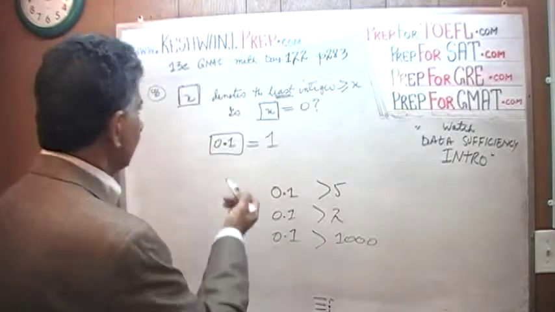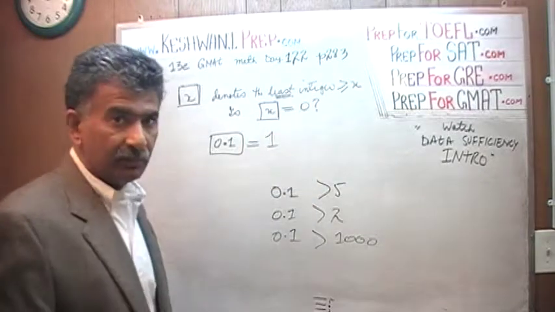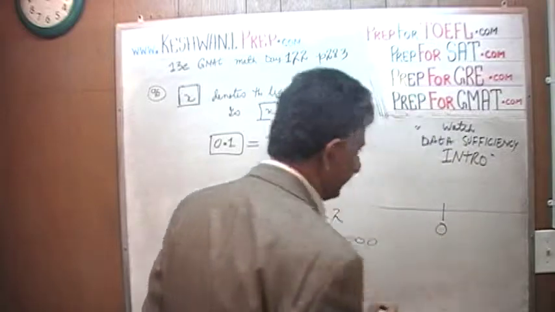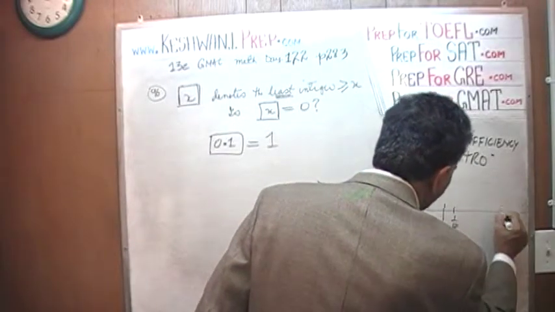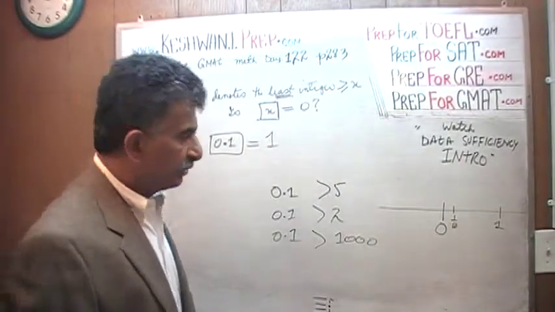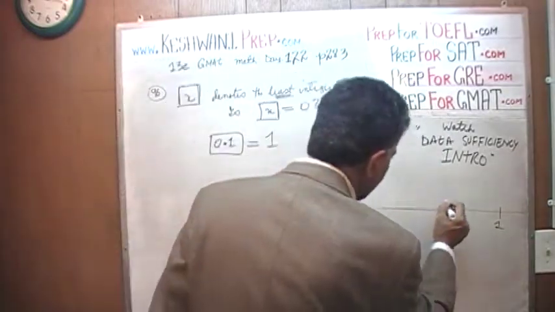It has to be the least integer greater than or equal to x. You see here, if you were to draw it on a number line, here is our 0, and 0.1 would have been here, 1/10, and 1 is way over there. Now, they're not looking for the closest integer to 0.1, because the closest integer would have been 0.